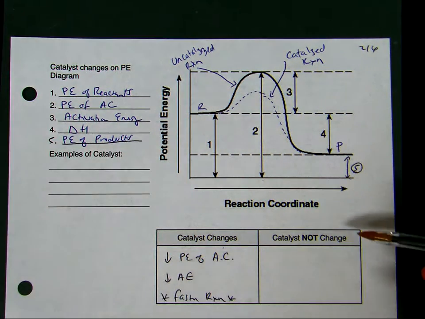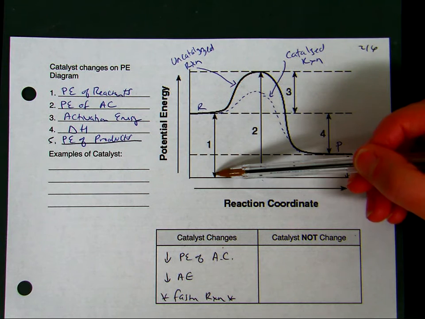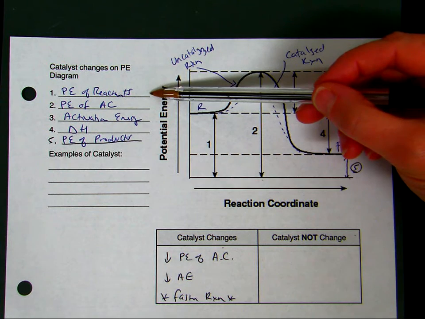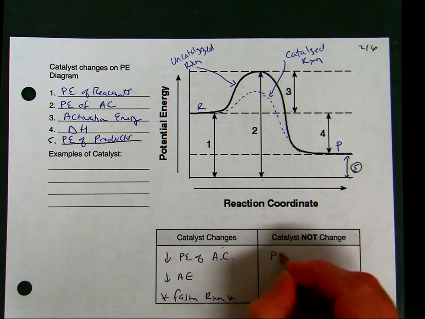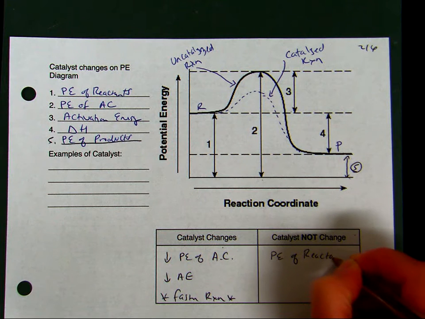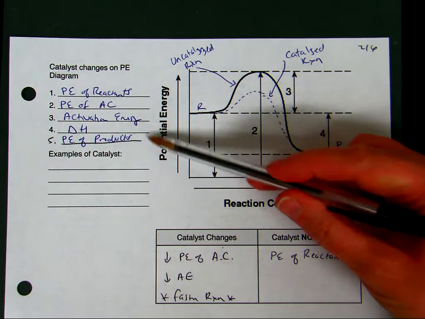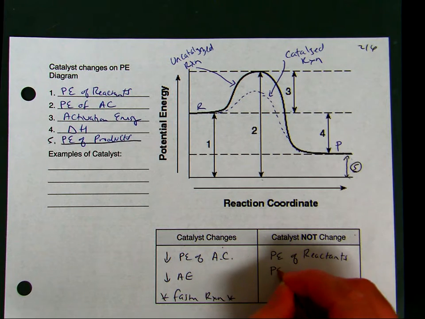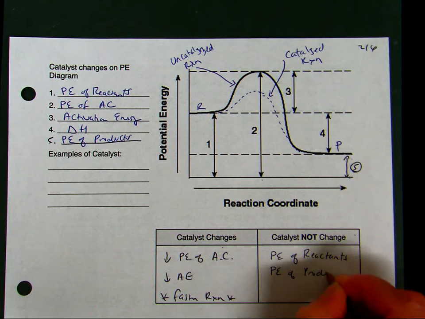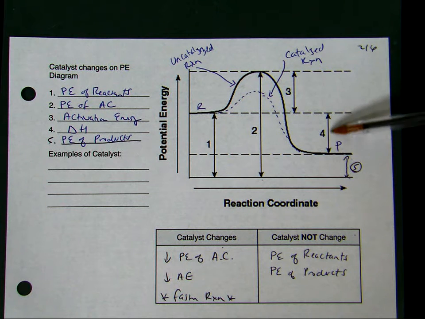This makes this a faster reaction. Now, taking a look at what the catalyst does not affect. Arrow 1's length did not change. That's the PE of the reactants, so it does not affect the potential energy of the reactants. I noticed that arrow 5's length did not change, and arrow 5 is the PE of the products. And then I also noticed that arrow 4's length did not change.